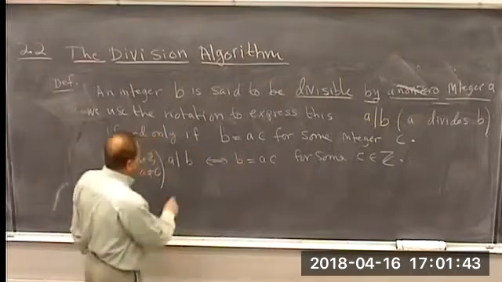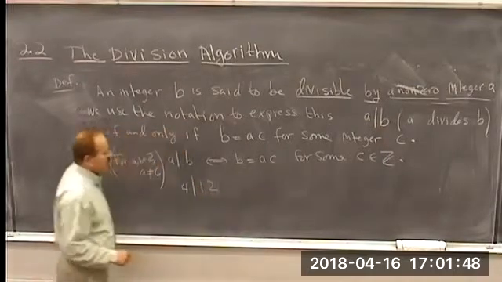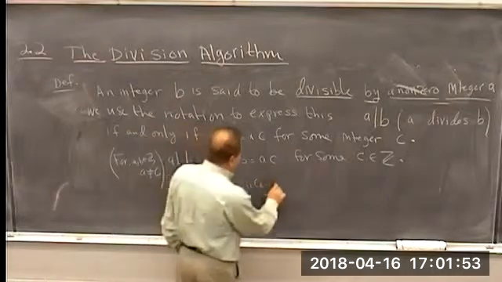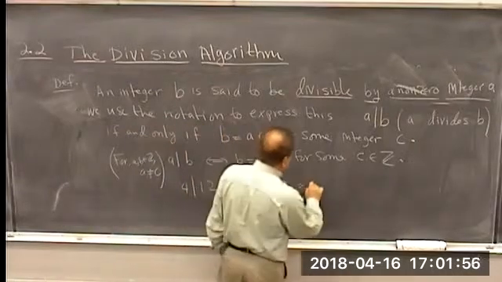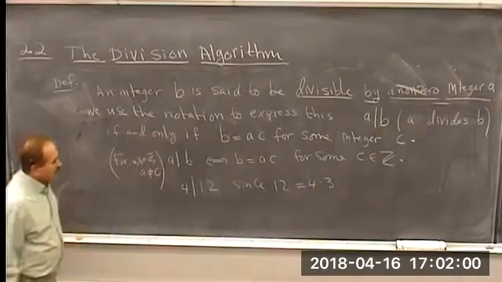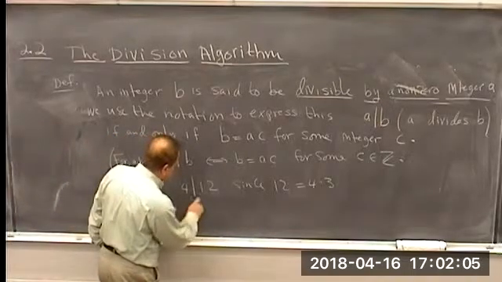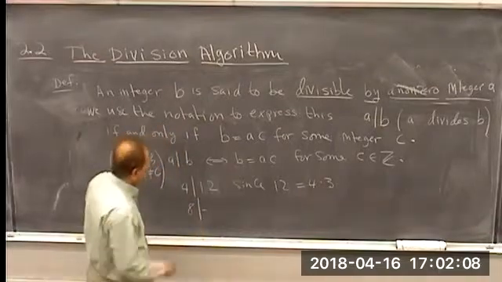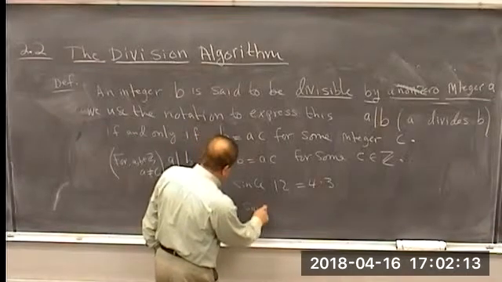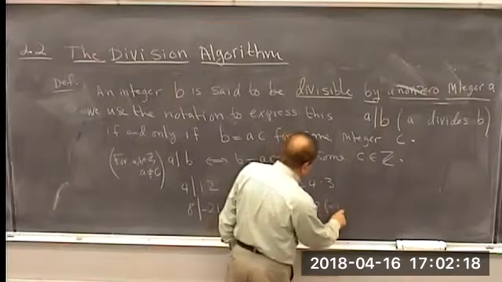Of course, it's very simple to come up with some examples of divisibility. For example, 4 divides 12, since you can write 12 as 4 times 3. Similarly, you can also take 8 dividing negative 24, since negative 24 is equal to 8 times negative 3.